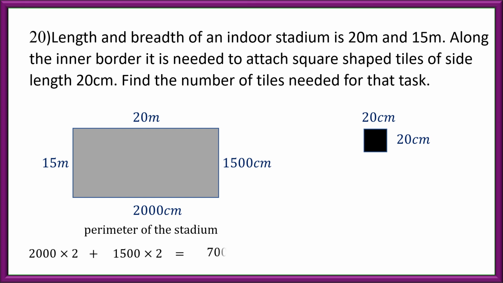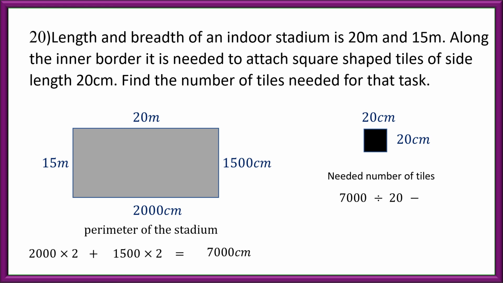7000 centimeters. You know the side length of this small square and the perimeter of the stadium. Then you can find the needed number of tiles using 7000 divided by 20 centimeters.